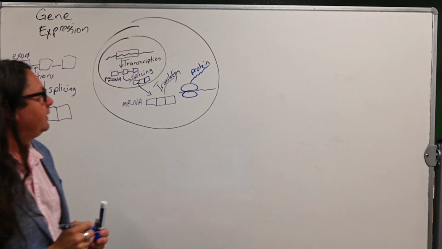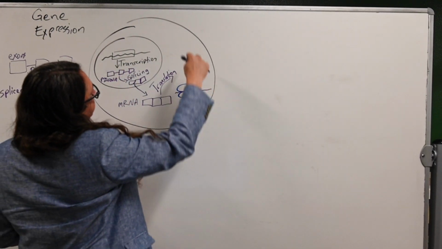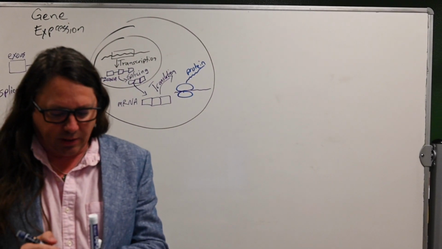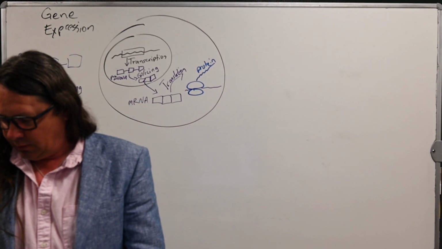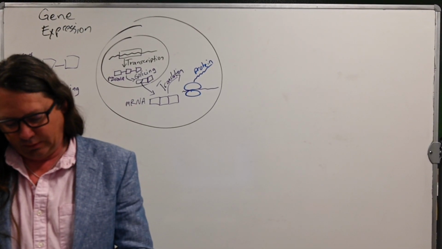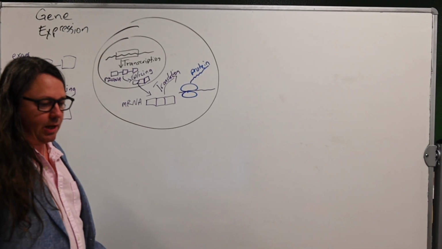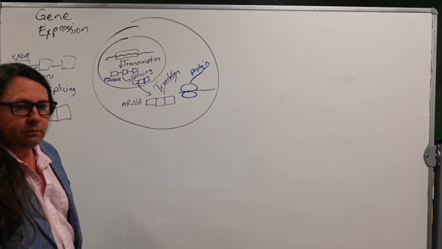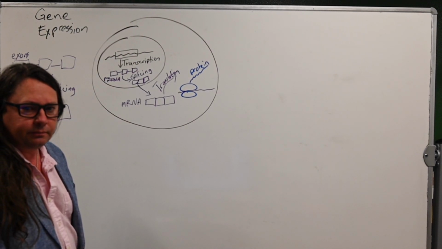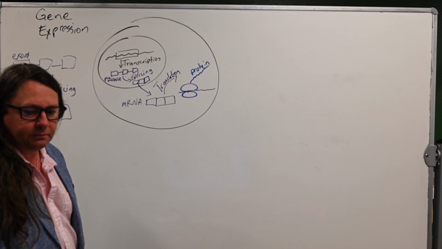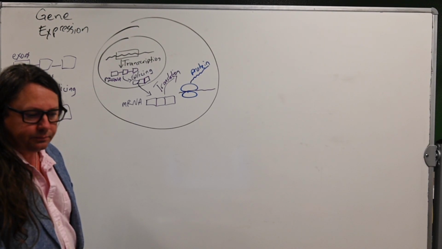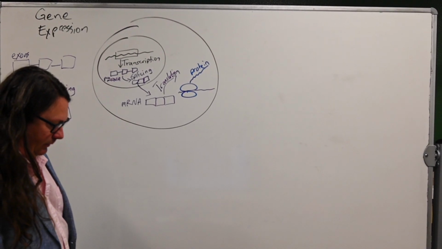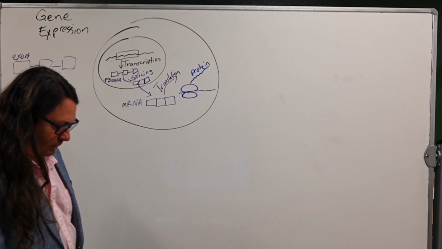Right. So here's our ribosome with the help of the tRNAs coming in. And what is the job of the tRNA? It brings the amino acids to the ribosome. Right, and do you know what order to put them in? It matches up with the codons. Right, and uses the matching amino acid.